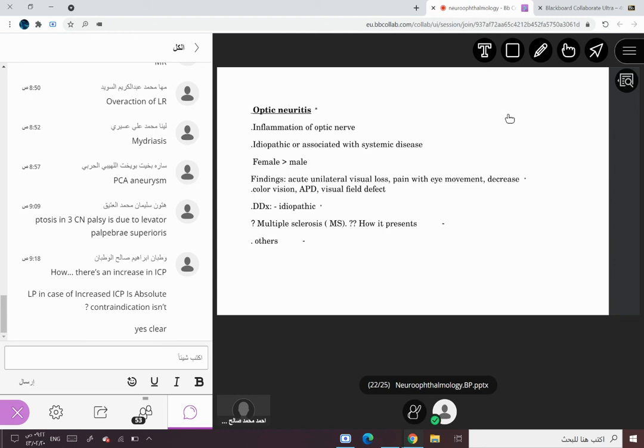So we have to examine the patient carefully in relation to his symptoms and in relation to the most common differential diagnosis. The patient might have very minimal or moderate visual loss.